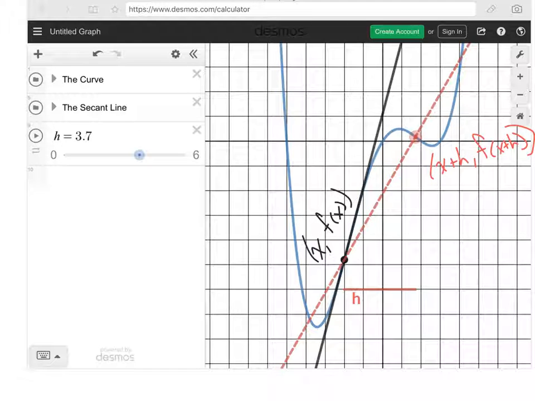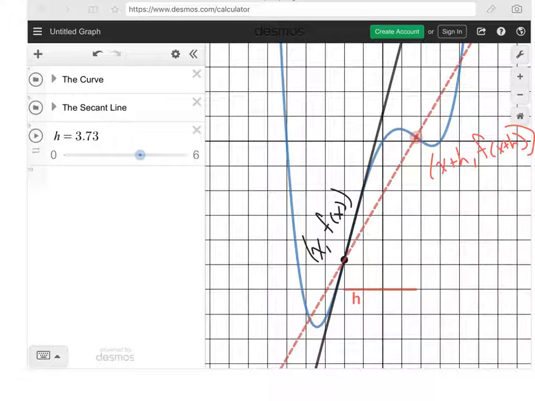As we're trying to move our secant point closer to our point of tangency, that distance is getting smaller and smaller until we are right on top of that point of tangency, and the distance between those 2 points then is nothing.